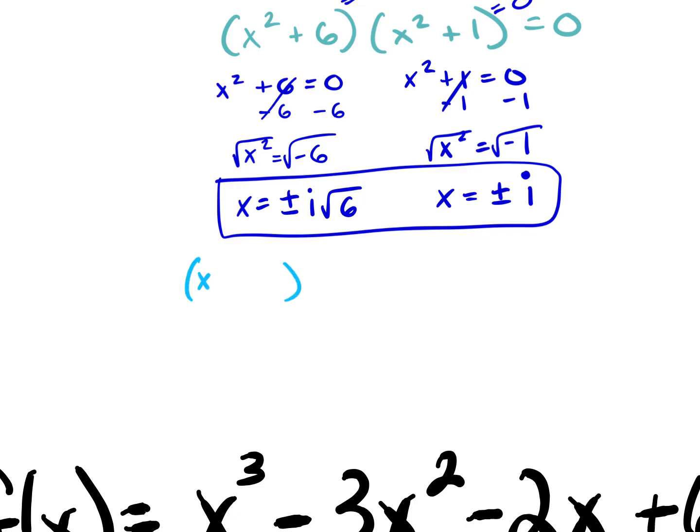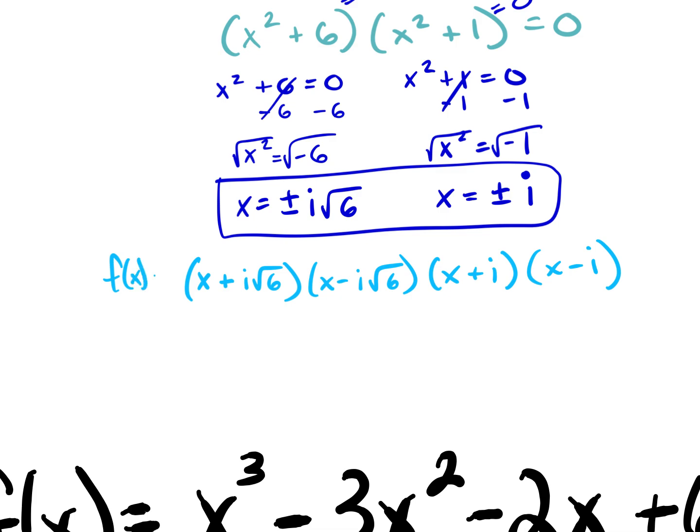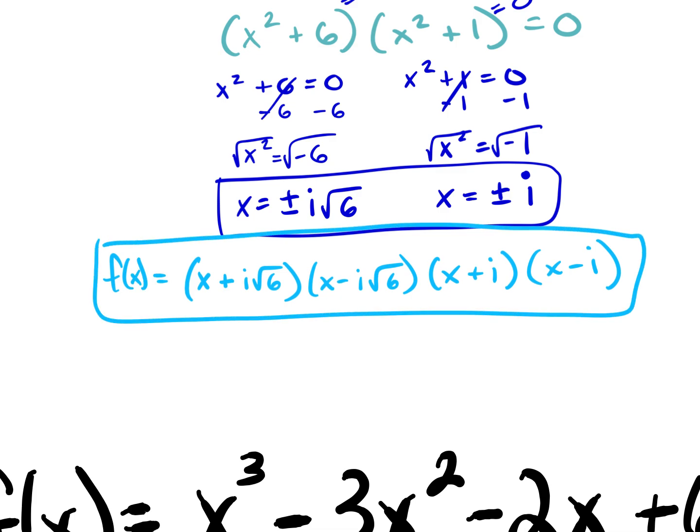We have x plus i square root 6, x minus i square root 6, x plus i, and x minus i. So this is complete factorization.